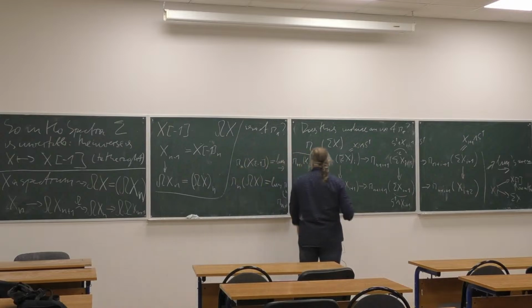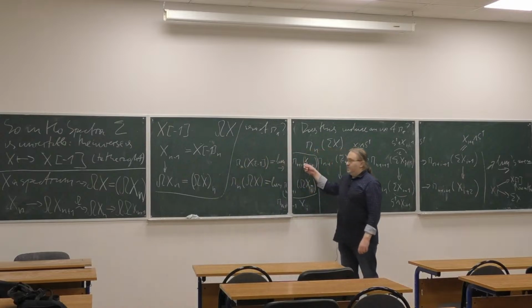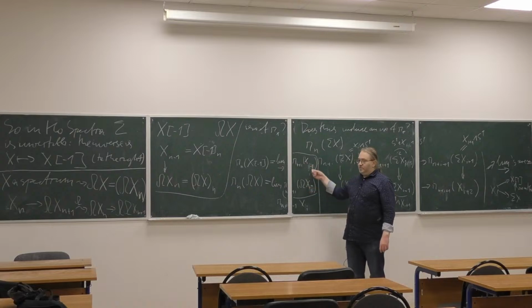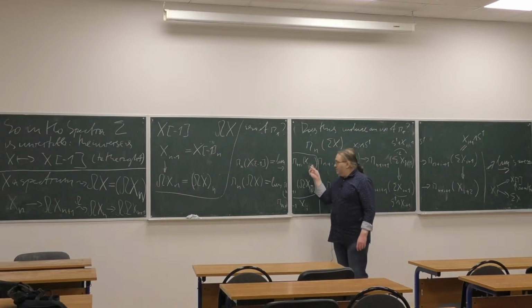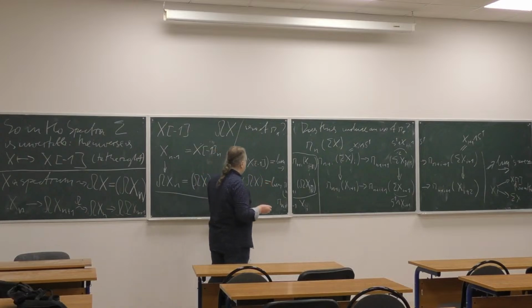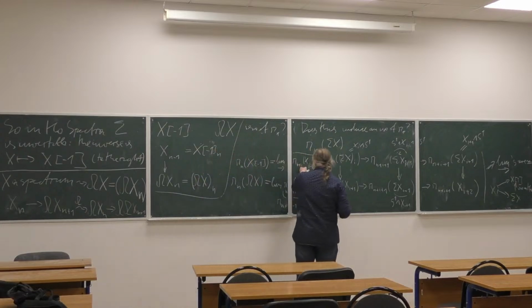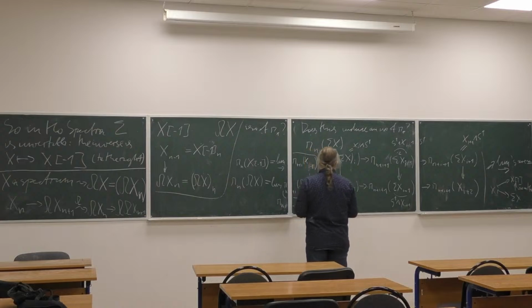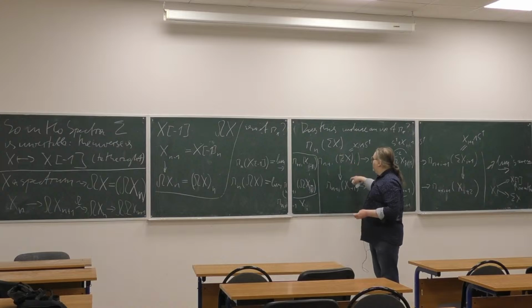So in fact, the two limits are exactly the same. But we need to compare. Actually, the groups which participate in the limits are the same, as opposed to this case where they were not the same.